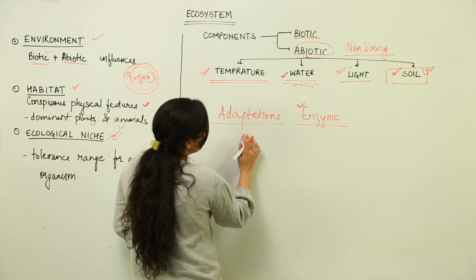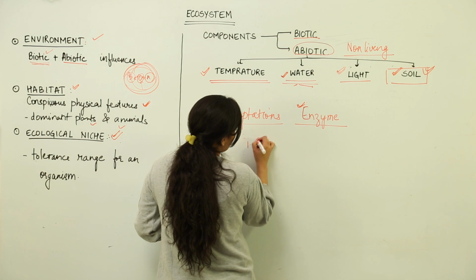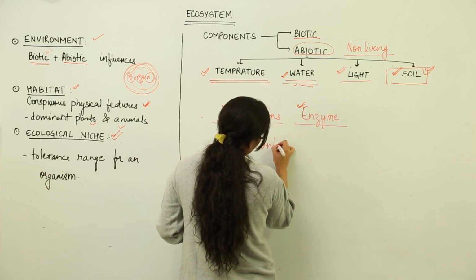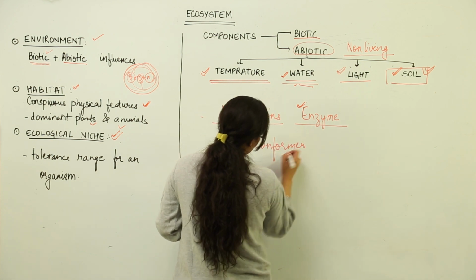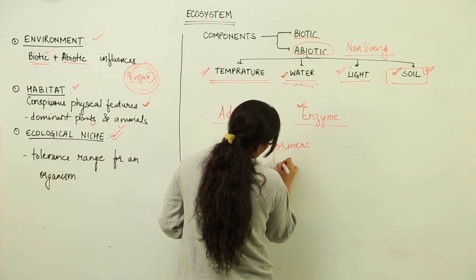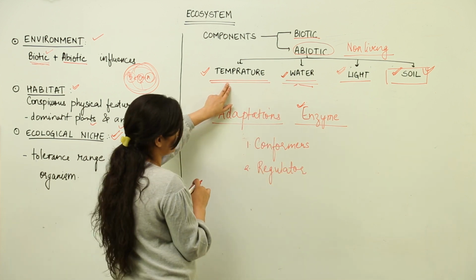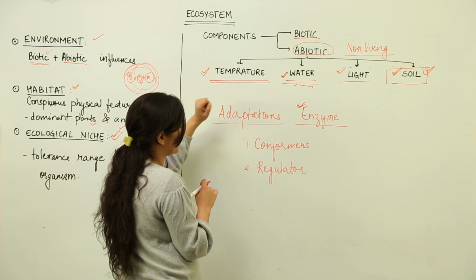So basically we have two types of organisms when we talk about temperature. One is conformers and second is regulators. See, as I have written temperature in the first position, this is the most important abiotic factor.